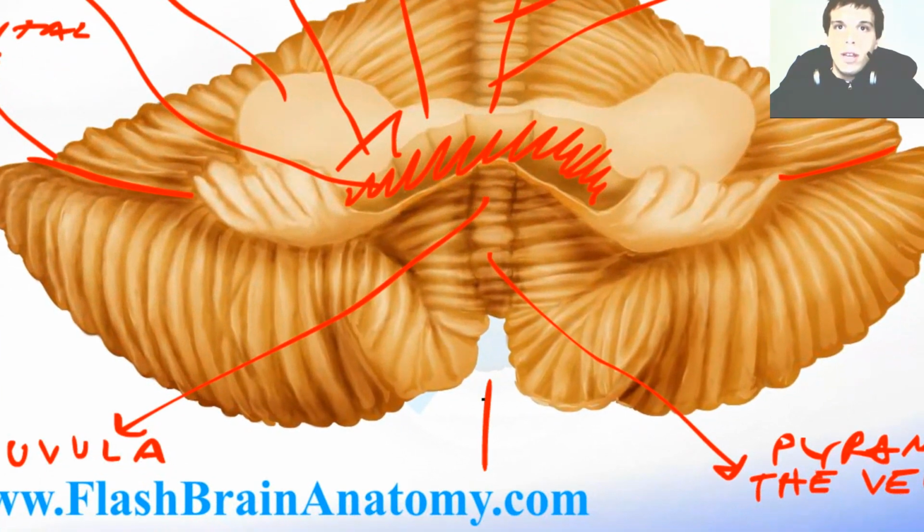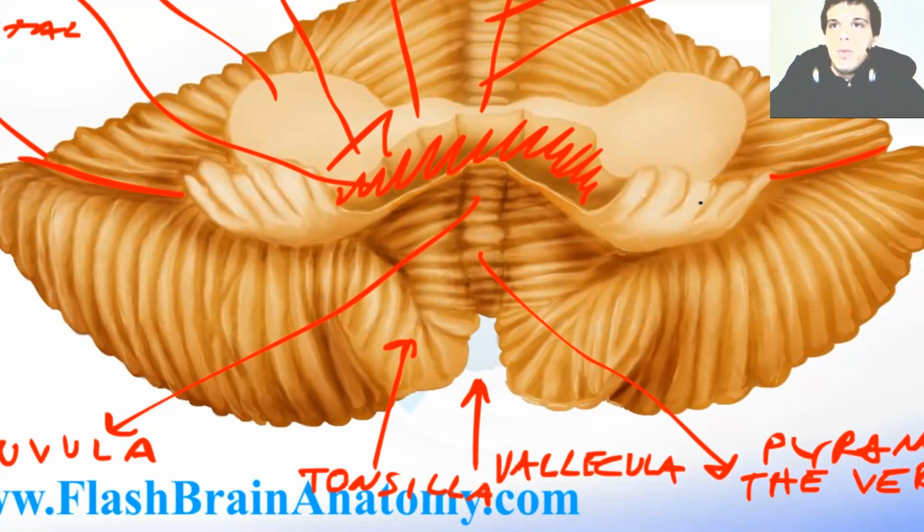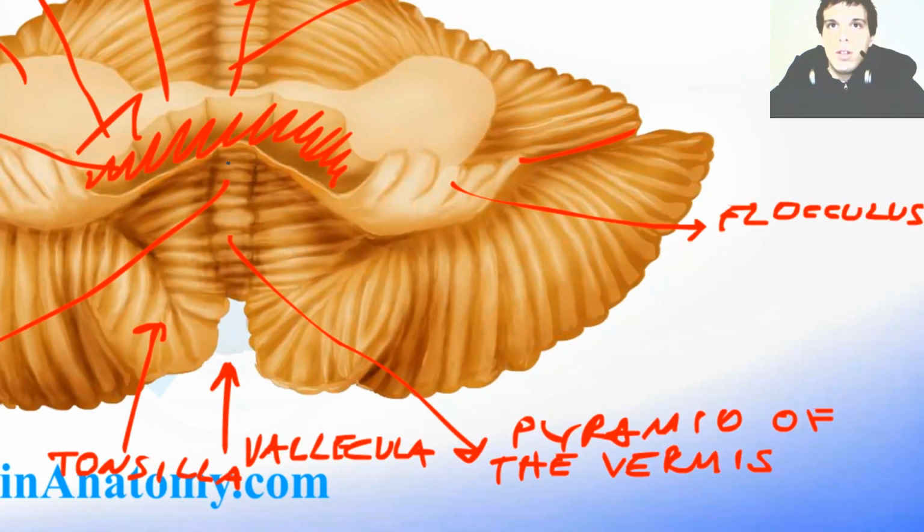Then we had the vallecula, the tonsilla, we had the flocculus, and this part over here was called the nodulus.